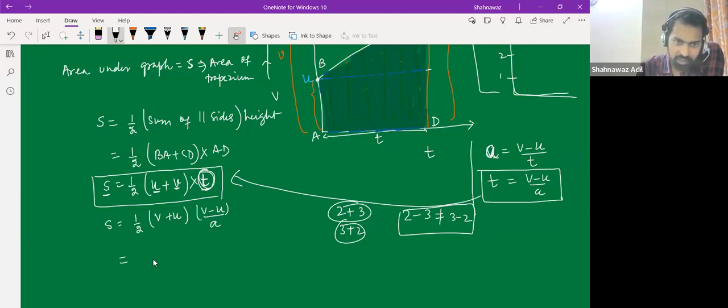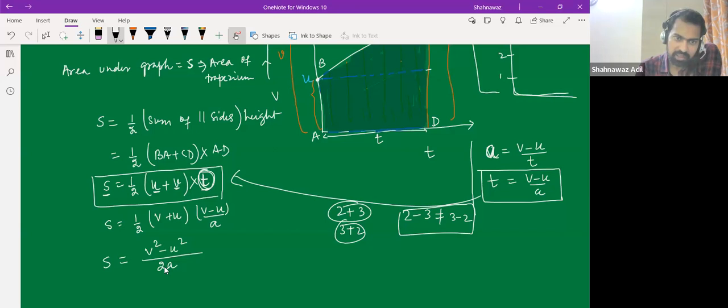Now you guys tell me, what is V plus U into V minus U? What is the identity? V square minus U square.